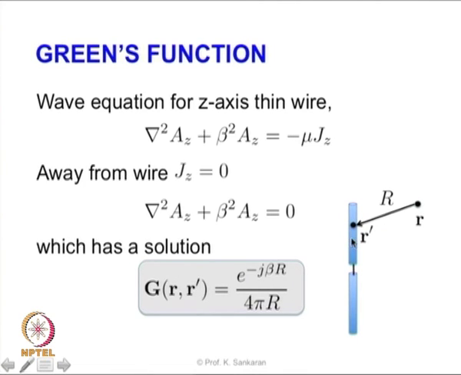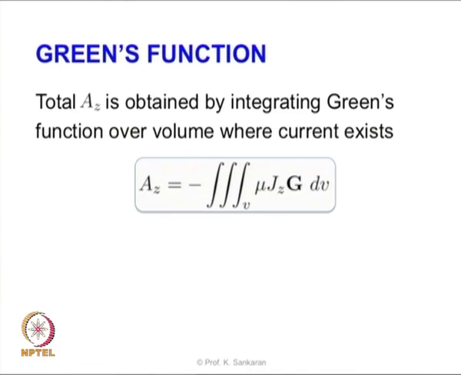So now this is for one particular source location, and when you integrate it along the entire source location, what you will get is the total A. So the total Az is obtained by integrating the Green's function over the volume where the current exists. So we are going to integrate along the entire volume.